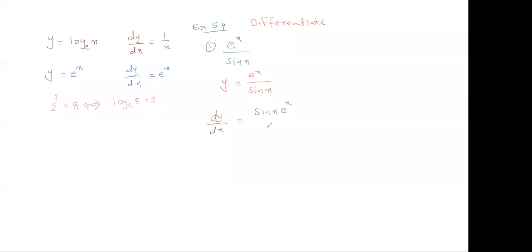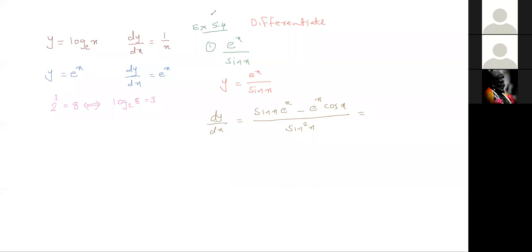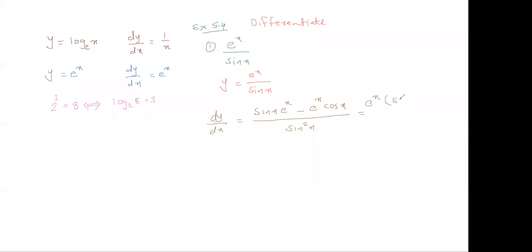The derivative of e to the power x is e to the power x itself, minus numerator e to the power x into the derivative of the denominator, the derivative of sin x is cos x, the whole divided by the square of the denominator, sin square x. If you want, you can take e to the power x common: e to the power x in brackets sin x minus cos x, the whole divided by sin square x. That's the answer.